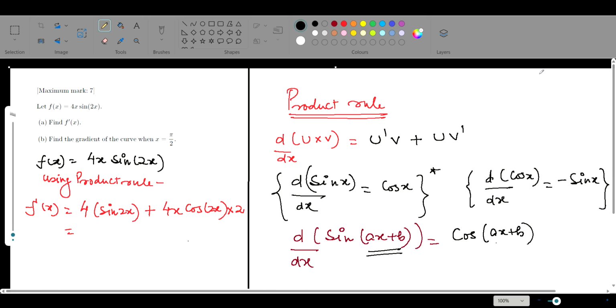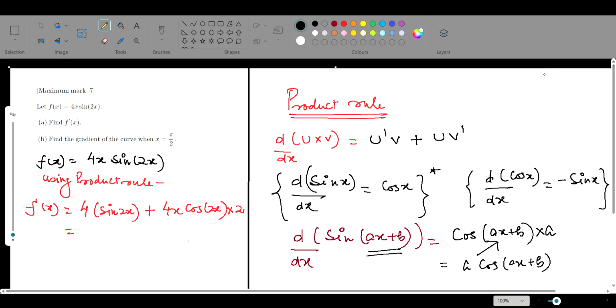Now I'll differentiate the function which is composed here, which is ax plus b. The differentiation of that function will be a, because if I differentiate ax, the result will be a only. The differentiation of b is 0, so it is a times cos of ax plus b.